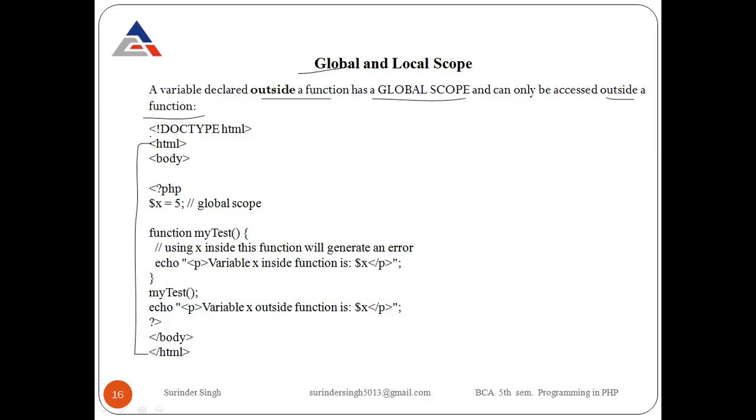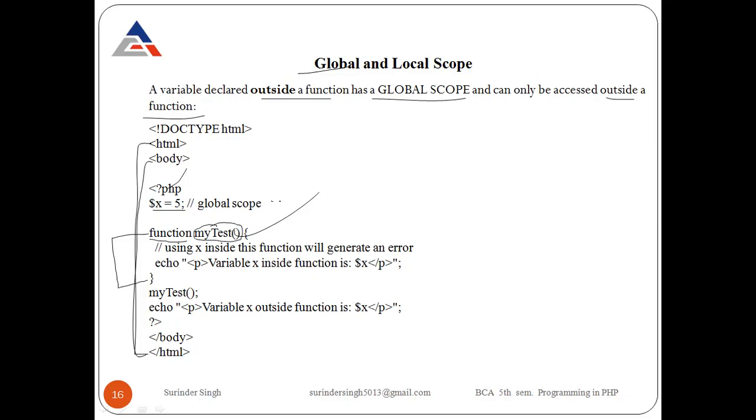Here is the HTML root tag, body tag, and here is PHP code. Here X is declared outside of function. For creating a function in PHP, you have to write the function keyword, then the function name. Clear?